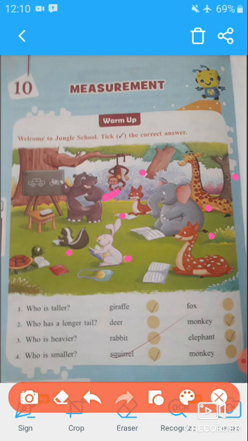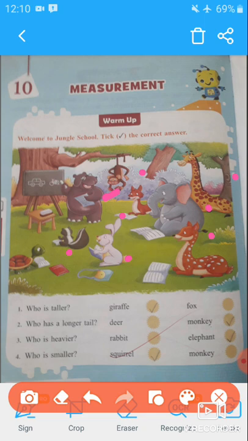So students, in measurement you are familiar with the words longer, heavier, smaller, lighter.